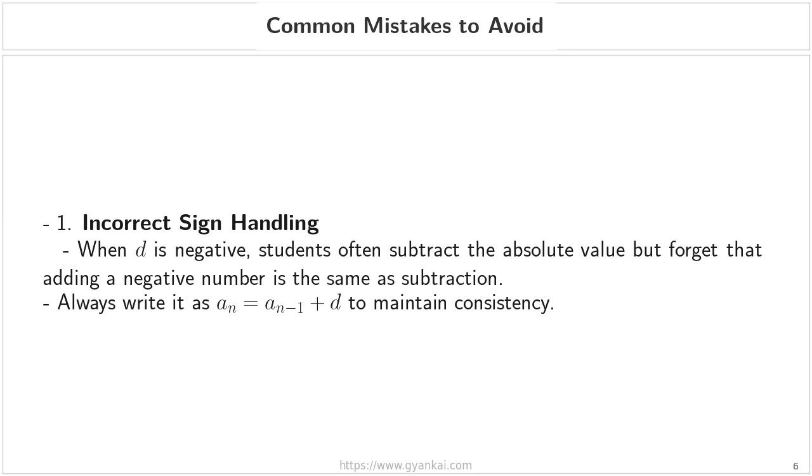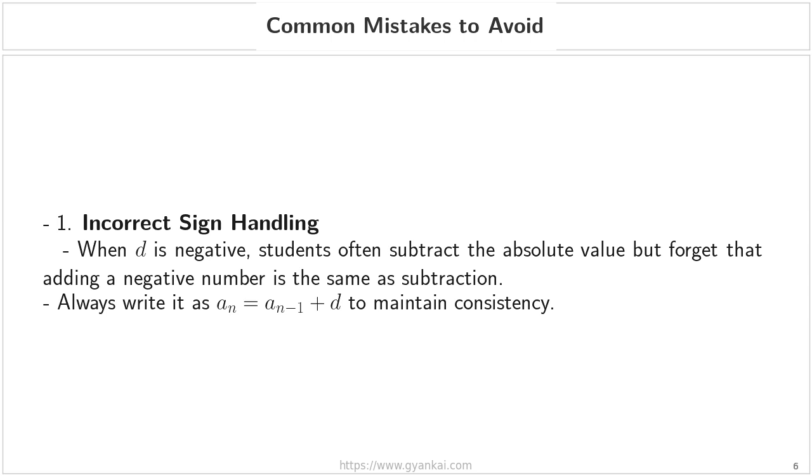It is easy to forget that adding a negative number is mathematically identical to subtraction. To avoid any confusion, I strongly recommend that you always write out the step as the nth term equals the previous term plus D. By explicitly writing that plus sign, you maintain consistency and reduce the chance of a calculation error.